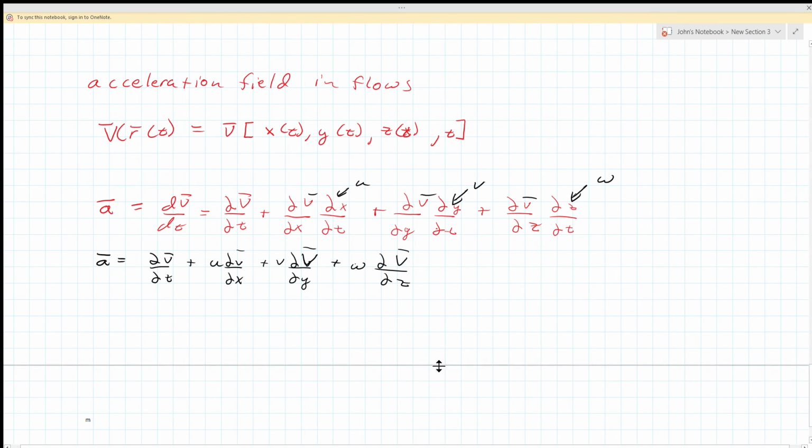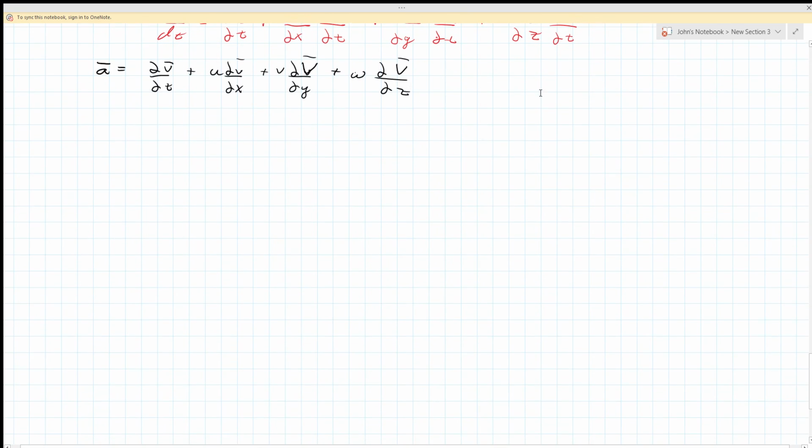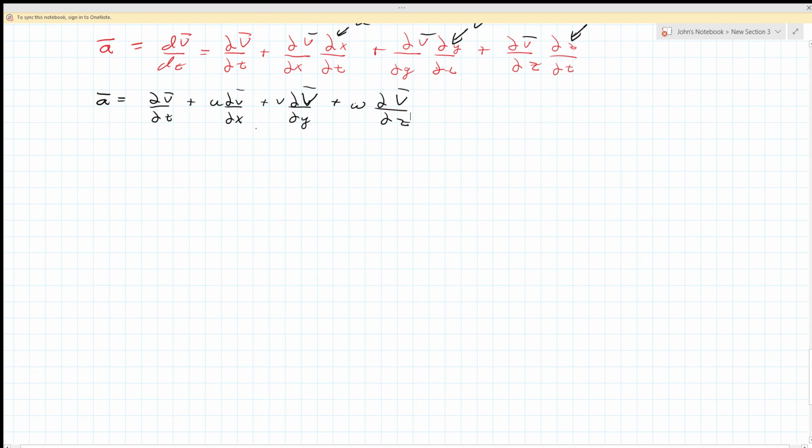Well, I need more space here. So if you want to jump ahead a minute, I want to make more space real quick, actually never mind, my space is made. All right, so what's the acceleration vector in the x direction? Well, partial u, partial t, because remember, the velocity is u, v, w, plus u partial x, plus v partial y.